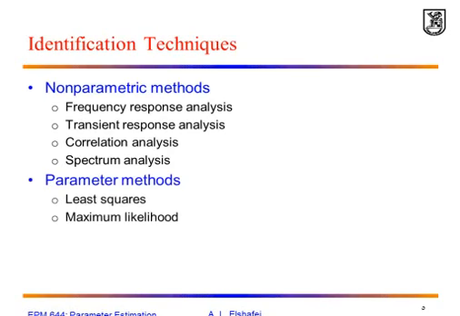There are two basic techniques in system identification. One depends on non-parametric methods, and that will include frequency response analysis and transient response analysis. We have all seen frequency response analysis in Bode plots, for example, where we can plot the magnitude and phase versus frequency, and from that we can conclude the corner frequencies and the gain of the system, and correspondingly we can deduce the transfer function of the system.